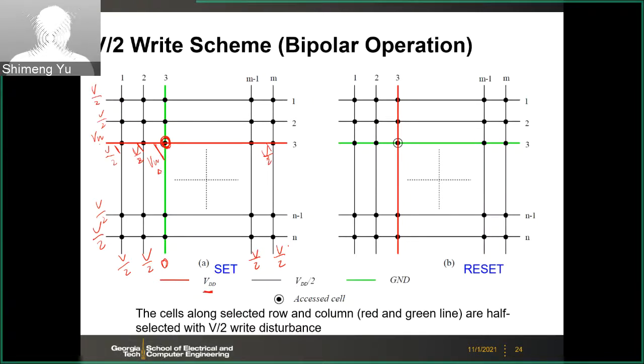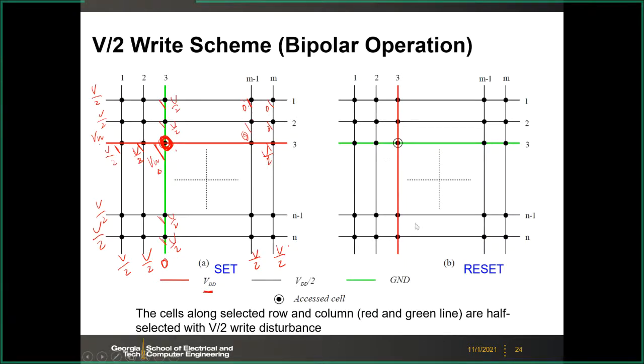So those cells are half selected. Similarly, along this green bit line, you will have half V across those cells. For other cells, because both ends will be half V, the voltage across them will be 0. You can verify that by yourself. So only this cell will see the full voltage drop, and only this cell will be written.